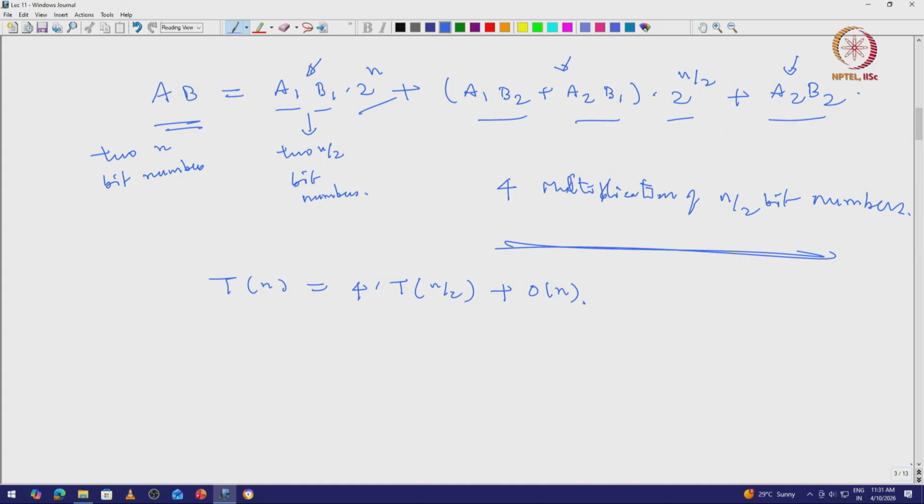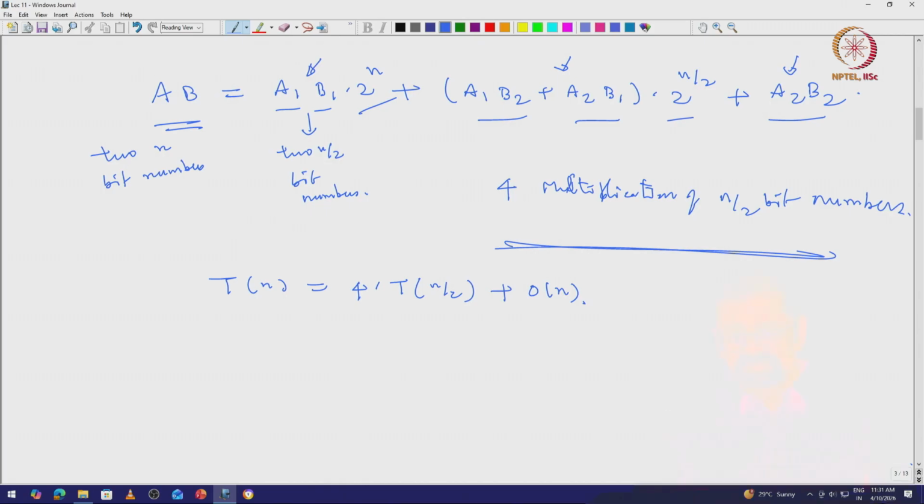Appropriate number of shifts. So, it is all order n. Okay. So, after performing these 4 multiplications, you do further order n computation and you have the final answer obtained. Therefore, T of n is 4 times T of n by 2 plus order n is the solution.